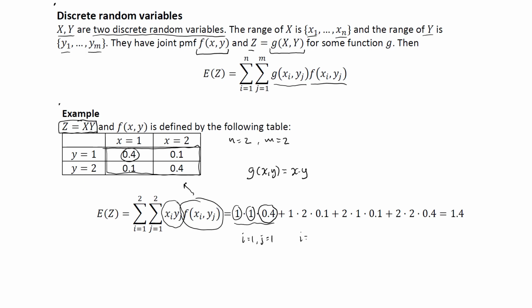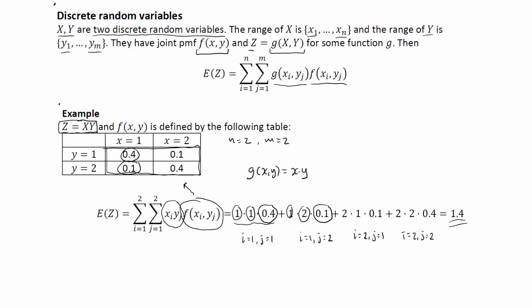Next step, i equal to 1, j equal to 2: x1 times y2 times f of x1, y2. y2 is 2, so that's this value. Then we move on to i equal to 2, go back to j equal to 1, and then j equal to 2. Sum all these numbers and you will get 1.4, which is the expected value of this product x times y.